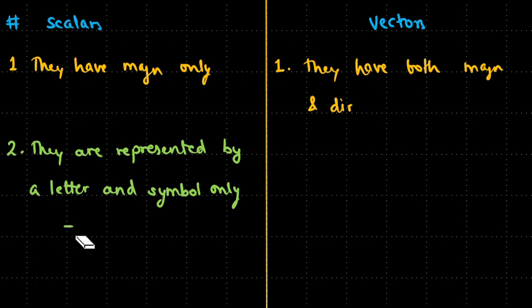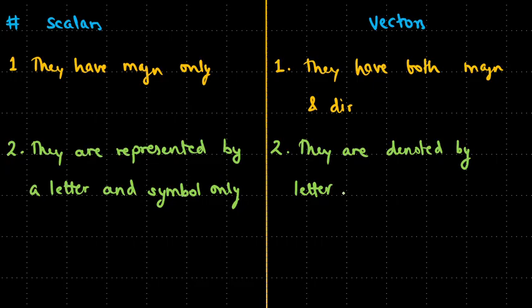So this is what we are talking about when we say they are represented by letters or symbols only. And for vectors, we know that they are denoted by a letter or symbol with an arrow over it.